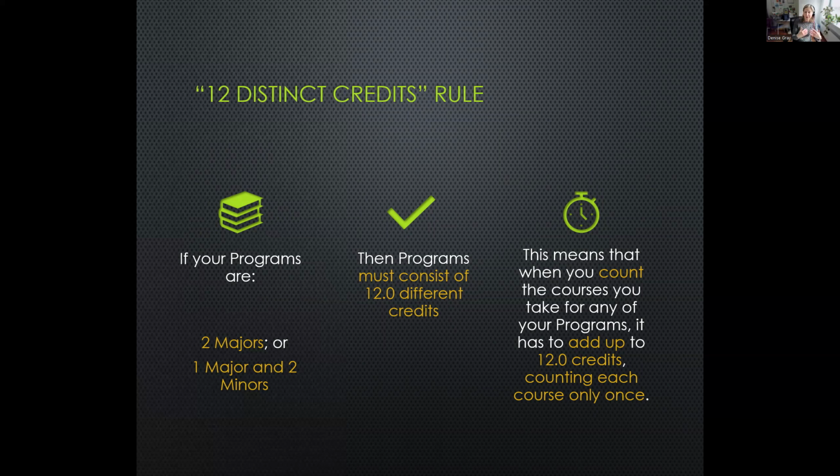If you, like me, like to write things down on paper, write out all of the courses that you took for each of your programs and cross out one instance of any duplicating courses. What you want ideally to be left with is 12 unique credits.